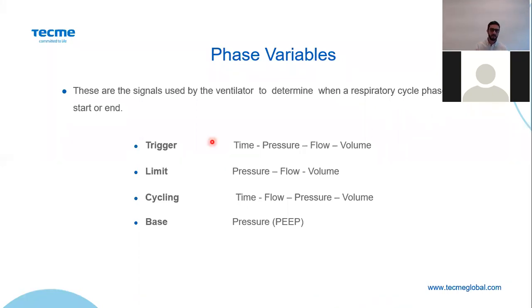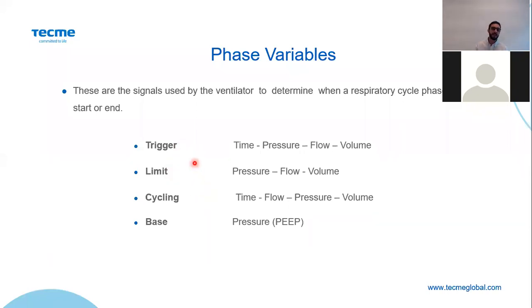Okay, so we have 4 phase variables. The trigger one indicates when the inspiration starts. So this trigger can be by time, by pressure, by flow, or by volume.